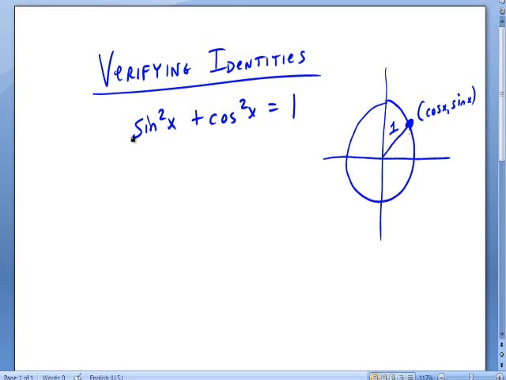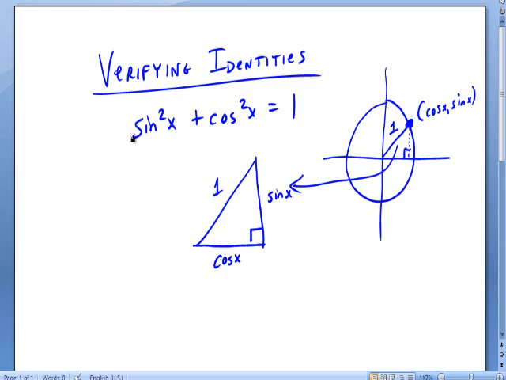Now, if I was to drop a right angle from that point and take that triangle and make it a little bit bigger so we can work with it, we would recognize that the hypotenuse of that right triangle is 1. The x-coordinate is described by the cosine of x, and the y-coordinate is described by the sine of x.